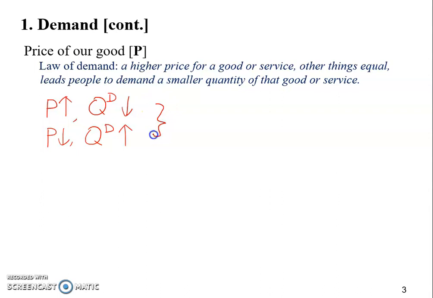So this inverse relationship is the so-called law of demand. We call this a law because we believe it's universally true.